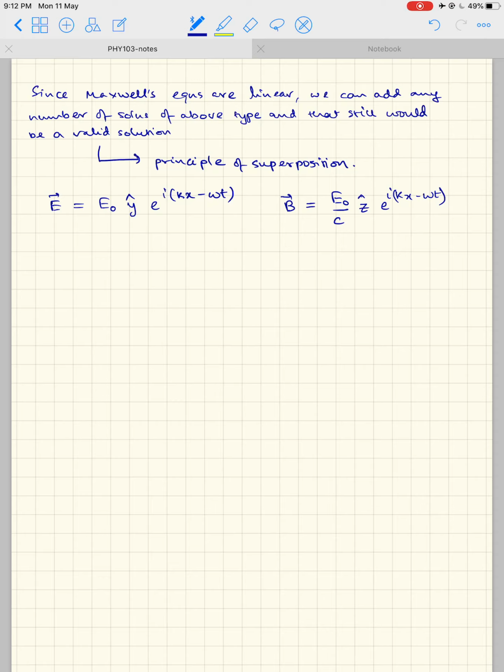Linearity of Maxwell's equations, however, means that both real parts and imaginary parts of B solve Maxwell's equations. And more importantly, if we add these complex E and B solutions, then the resulting electric, real and imaginary pieces would also solve Maxwell's equations.